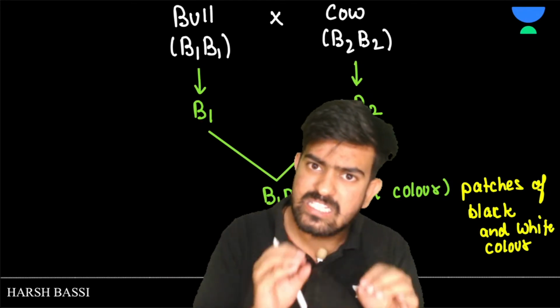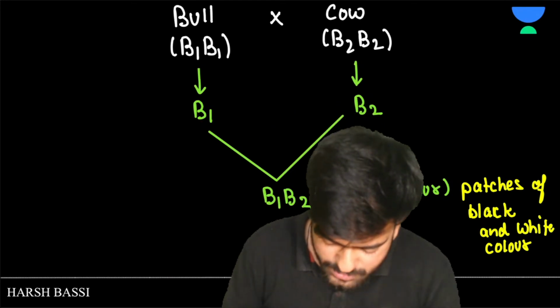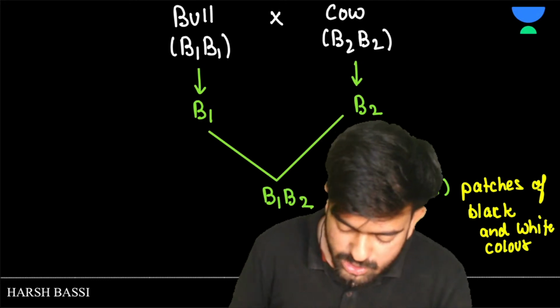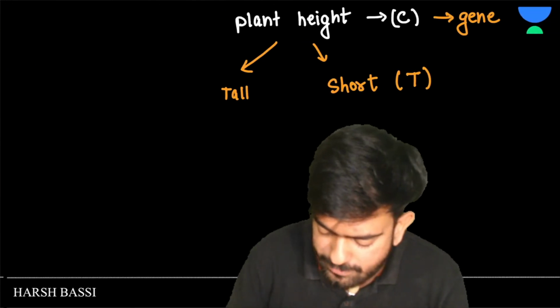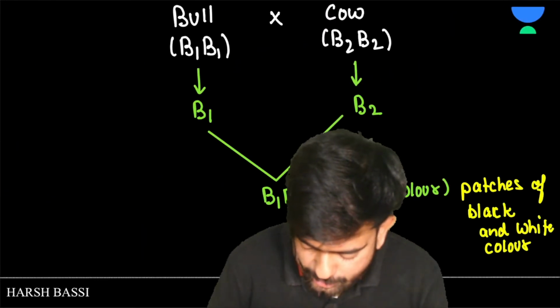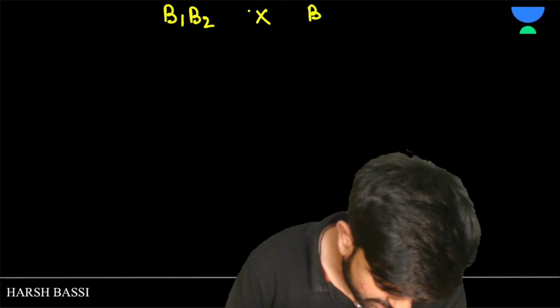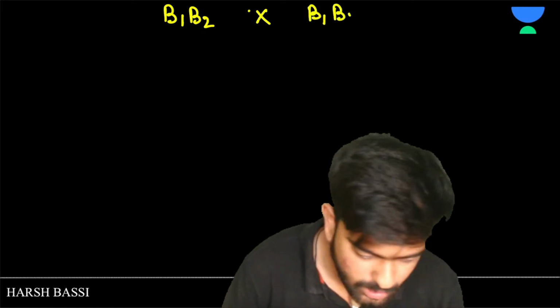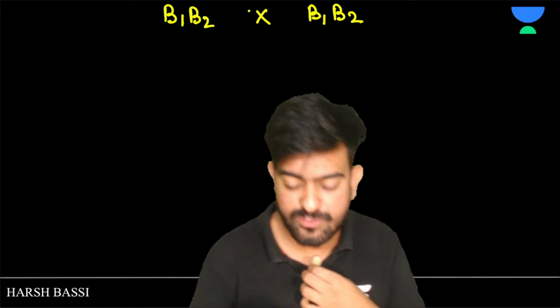But here we are just considering that, let's suppose we have done the selfing. Selfing means cross between the F1 generation, yes or no? So we have here B1, B2 reproduced by B1, B2. Clear? Okay, sir. Now, how many types of gametes will be formed here?